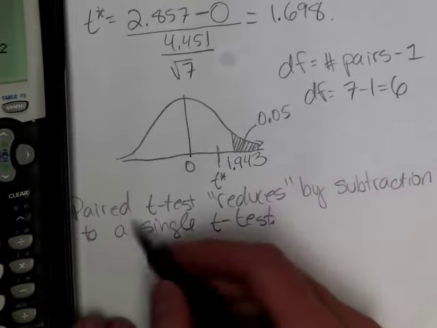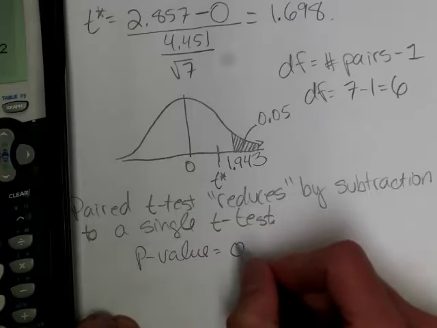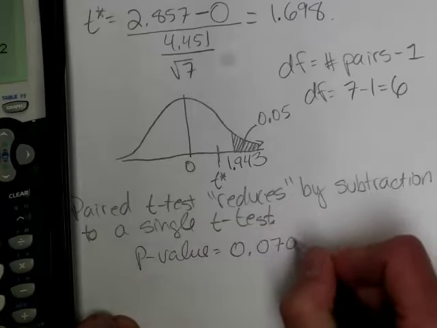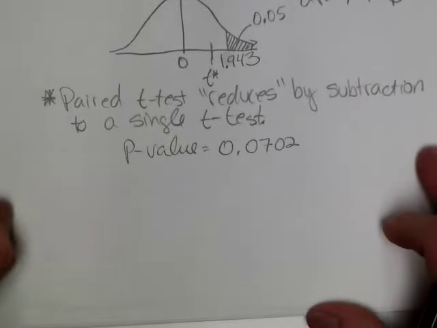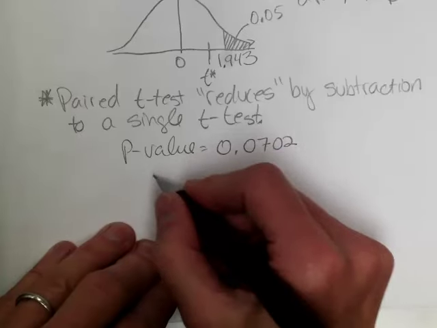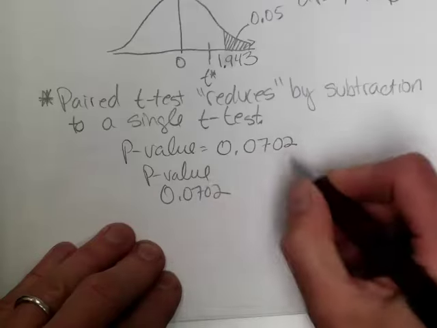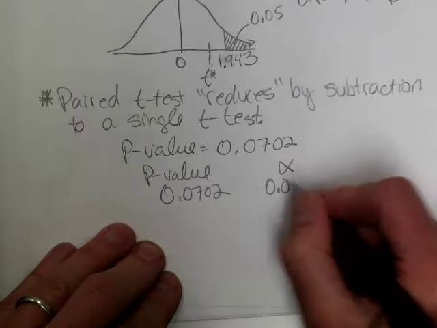Okay, so our p-value for this problem is equal to about 0.0702. Okay, so let's go ahead and compare that to our level of significance. Okay, so we have our p-value of 0.0702, and let's compare to alpha, 0.05.